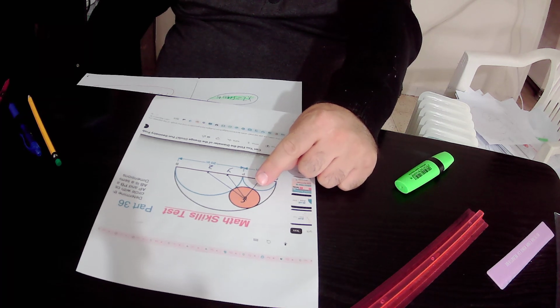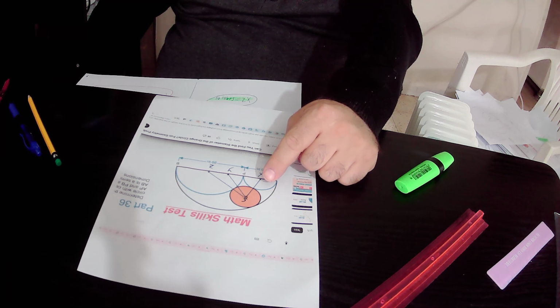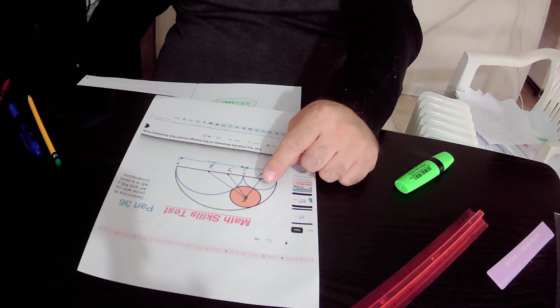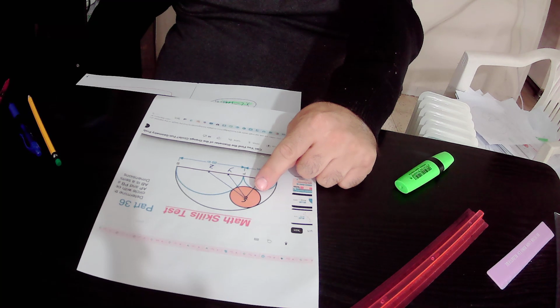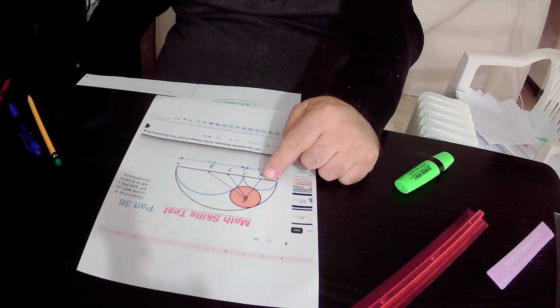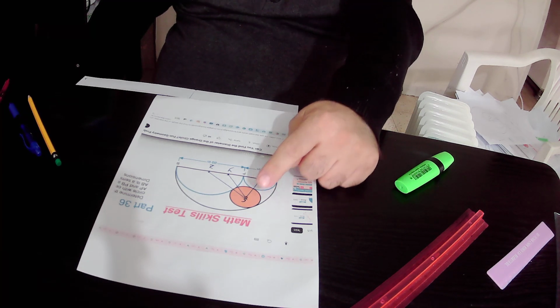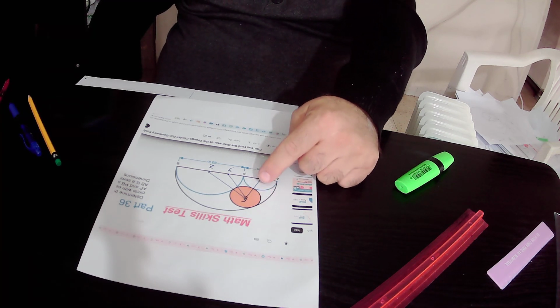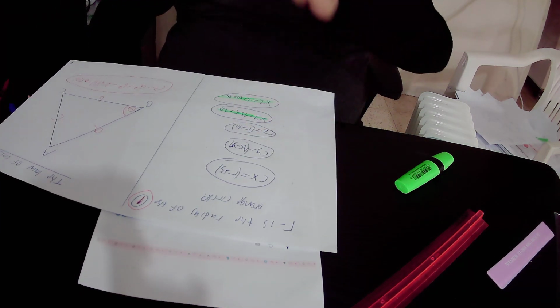That is to say, they are touching each other externally at this point. Therefore, the distance between their centers will be equal to the sum of the lengths of the radii. That is to say, it will be equal to the radius of the orange circle that is r plus the radius of the smallest semicircle that is 5. That is to say, CX equals r plus 5 units.